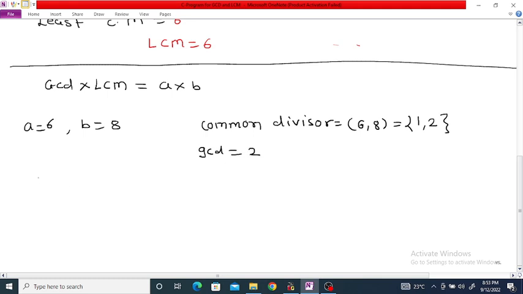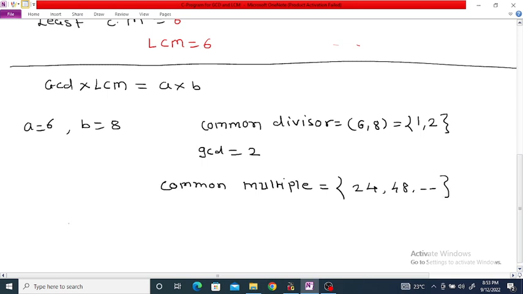And if we take the common multiples here, 12 is not a common multiple, 18 is not a common multiple, 24 is a common multiple. Then next, and so on, 48 is again a common multiple.